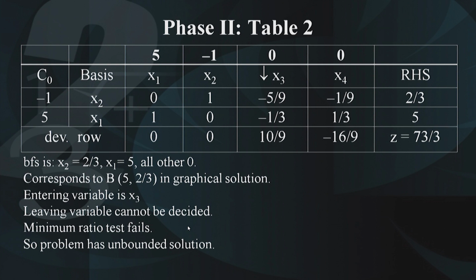So, the condition to identify in the simplex calculations whether a given problem has an unbounded solution or not is this: if the minimum ratio test fails due to all entries in the pivot column being either 0 or negative, then this indicates that the problem has an unbounded solution.